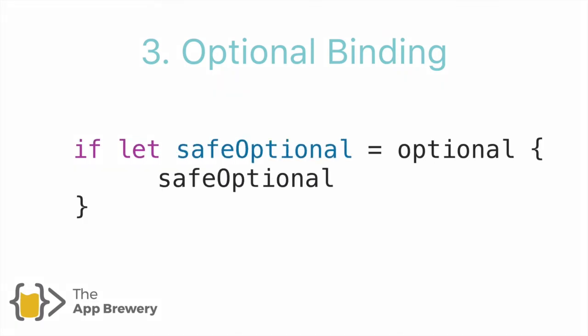So in this case, what we can do is write an if let to bind the value of the optional, if it's not nil, to a new constant. And within the curly braces of this if statement, we can now work with this safe version of the optional, which has been unwrapped.